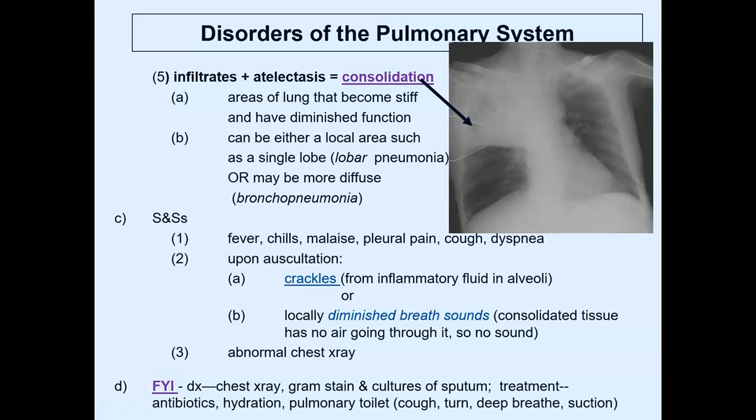And again, you can have a few alveoli that have consolidation, or you can have a lot of alveoli that are consolidated. But the bottom line for you as a nurse is, once there is a lack of air in the alveoli and it has collapsed, it has atelectasis, then there's no gas exchange. And so this is why there is a problem. Now, you might be thinking, wait a minute, if there's no gas exchange, why do we have this in restrictive?